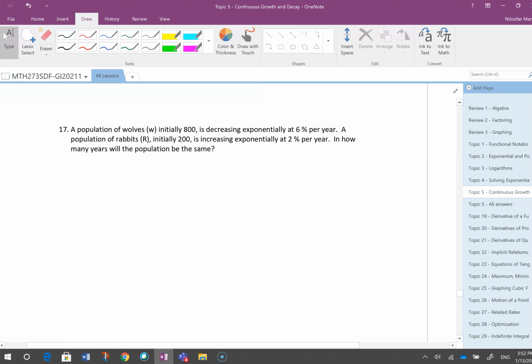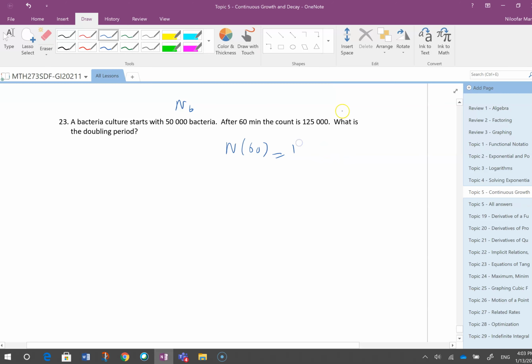So the last but not least is this question. For those questions that I didn't do, I would like to tell you what they mean. A bacterial culture starts with 50,000, so this is N0, and after 60 minutes the count is 125,000, so N60 is 125,000. It's going up. What is the doubling period?